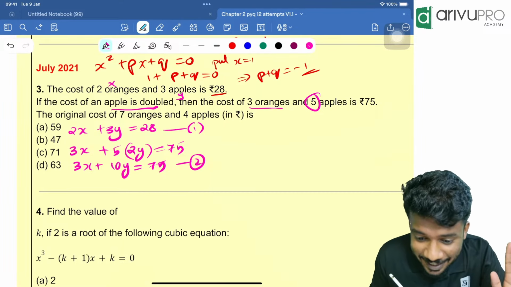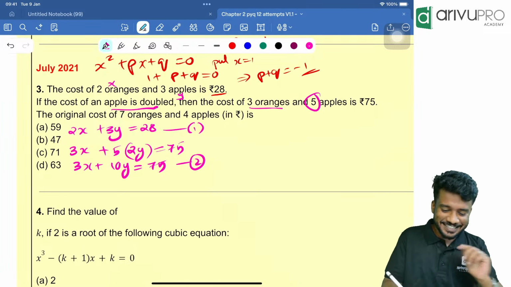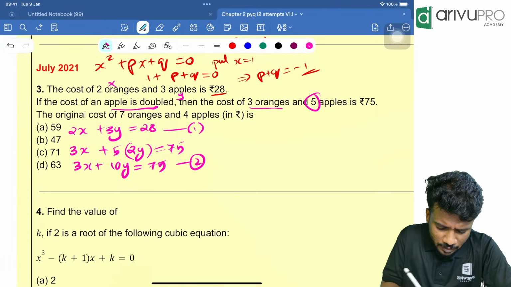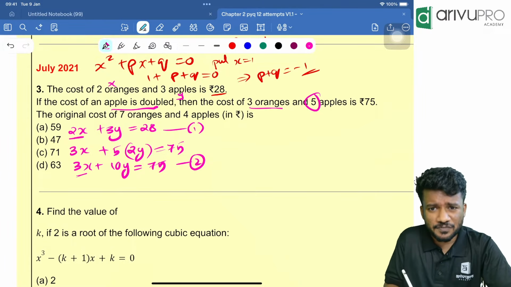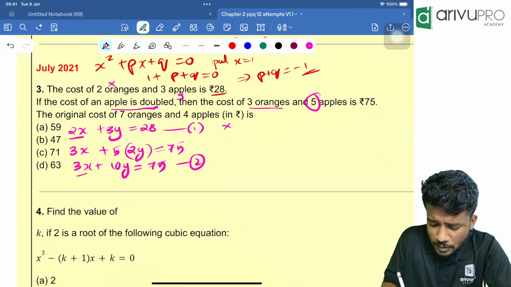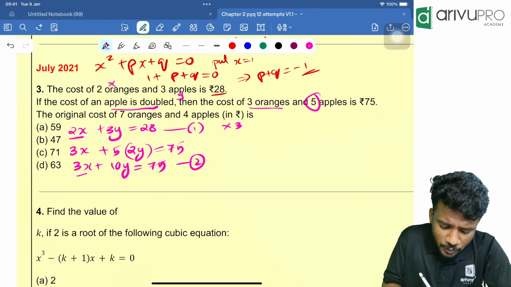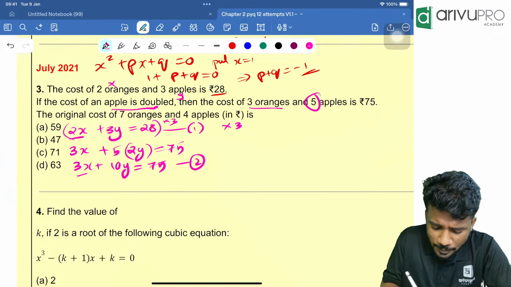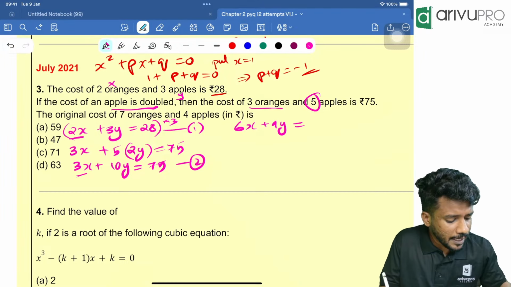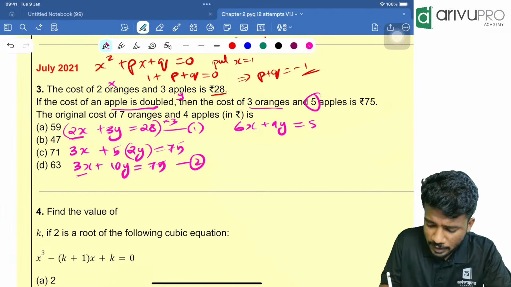Yes. Hi Vidya. Good evening. So here what I will do, equation 1 I will multiply, so I am going to eliminate x first. So in order for that, I am going to multiply equation 1 with 3. That means 3 into this equation will become what? 6x plus 9y is equal to 28 into 3, which is equal to what? 84.